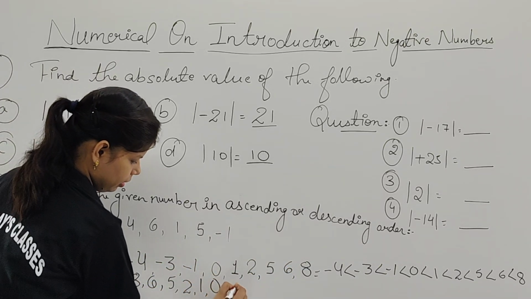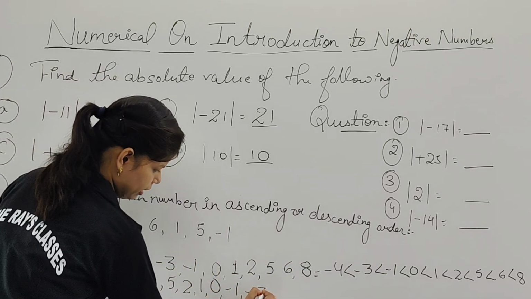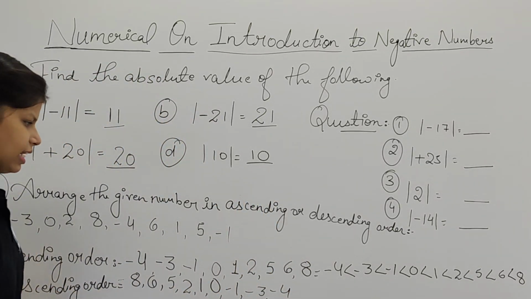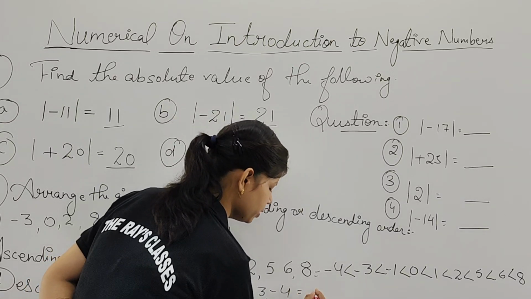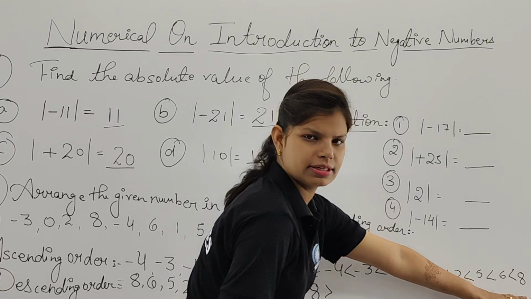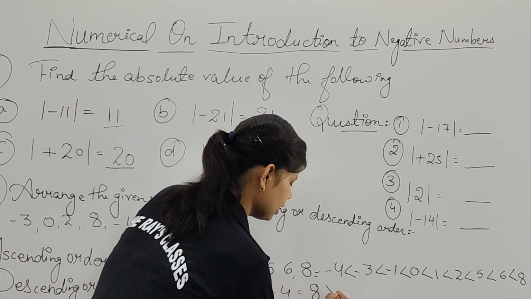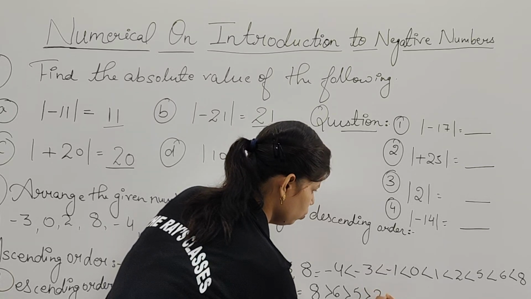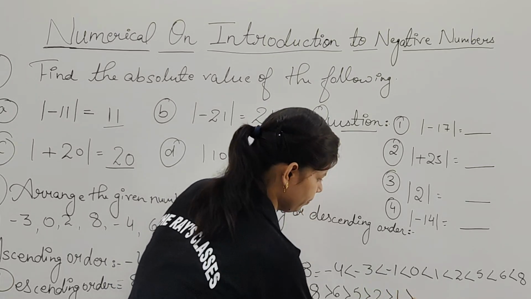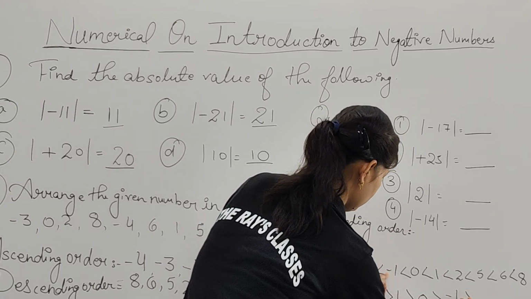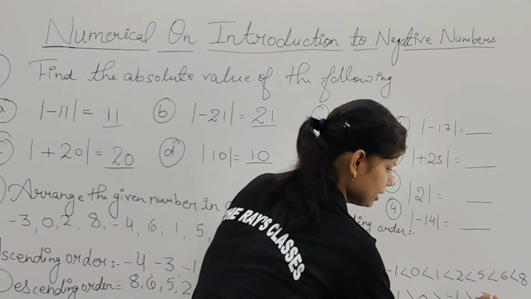Then we are having minus 1, minus 3 and minus 4. And as well it can be written in descending order. Which one is bigger? Always 8 is bigger than, let's copy from here with the opposite symbol. 8 is greater than 6, then 5, then 2, 1, 0, minus 1, minus 3.